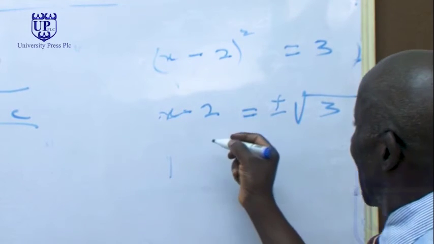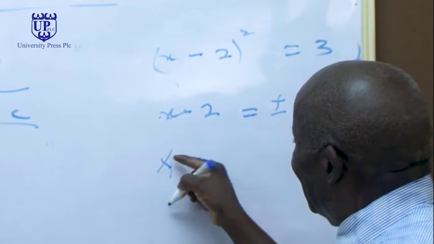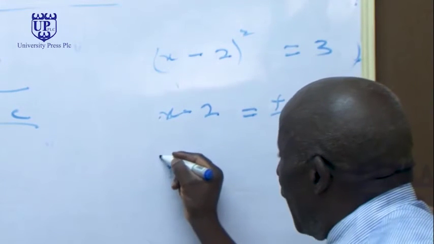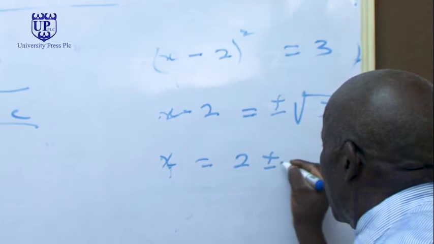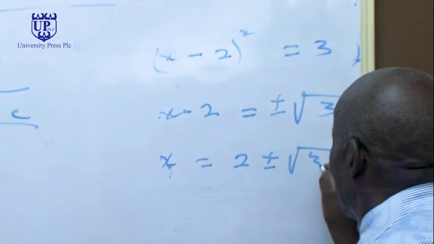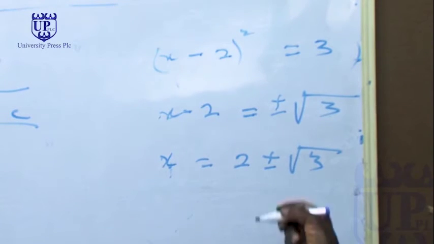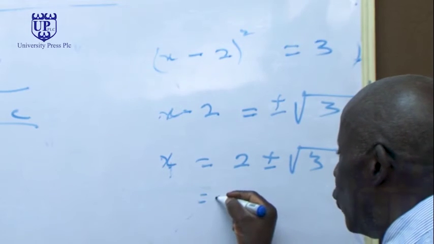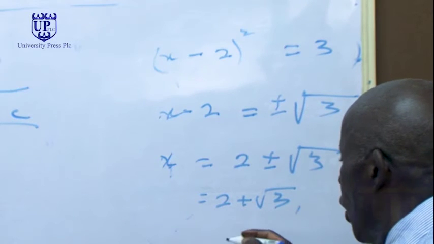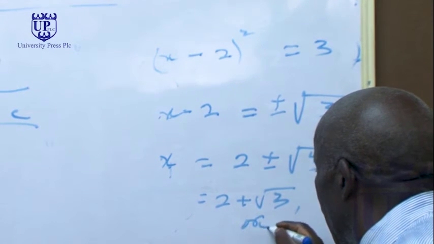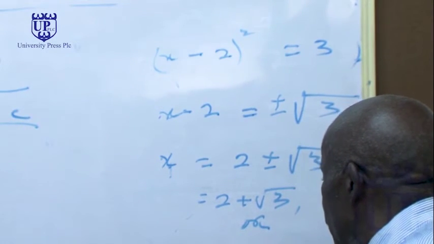Now, our x will be equal to 2 plus or minus the square root of 3. This is either 2 plus the square root of 3 or 2 minus the square root of 3.